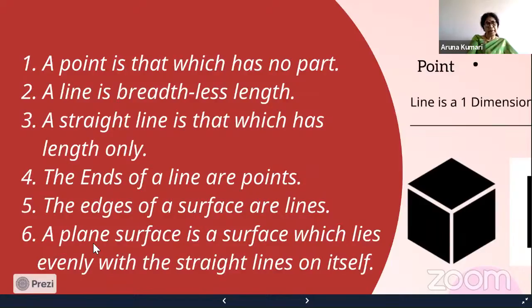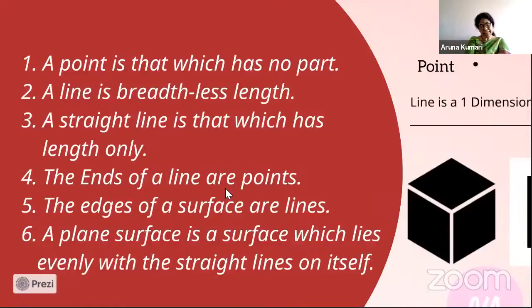Next, a plane surface is a surface which lies evenly with the straight lines on itself. See the difference. Here surface, here plane surface. What does it mean? Surface means we studied about surface areas. There we studied lateral surface area and curved surface area.